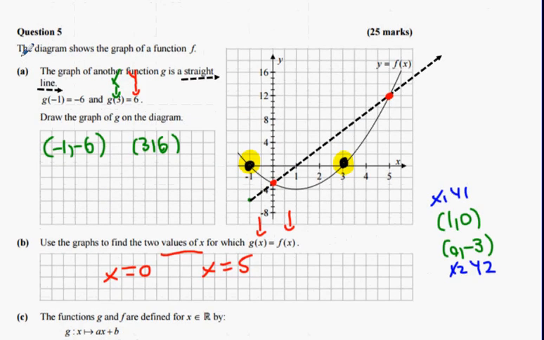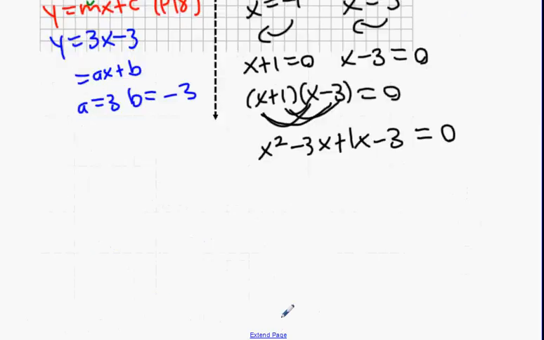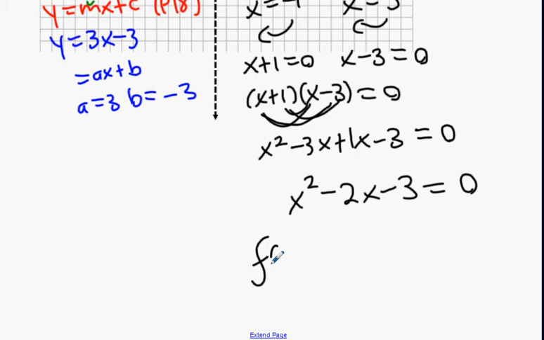From where it hits the x-axis. Okay. Now, yeah, so it's x squared minus 2x minus 3. That's the equation of the quadratic, yeah? And that is actually your curve, f of x equals x squared minus 2x minus 3.